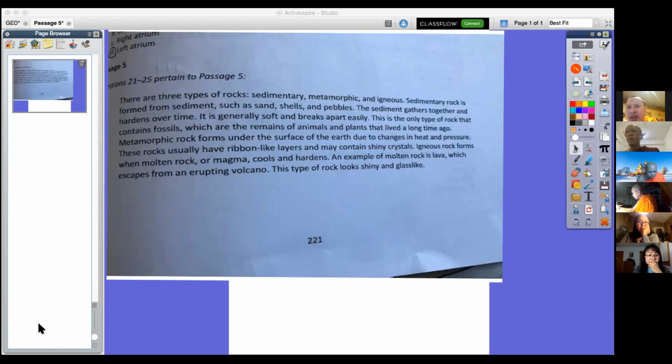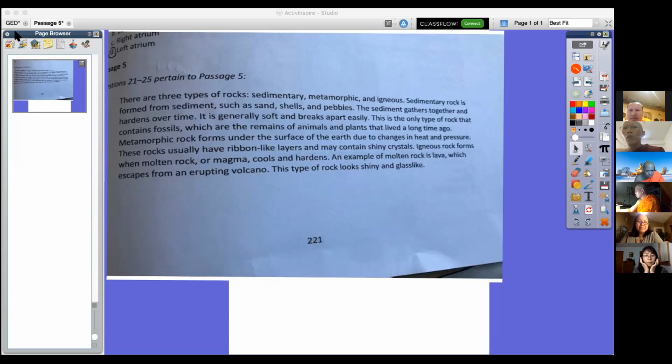An example of molten rock is lava, which escapes from an erupting volcano.